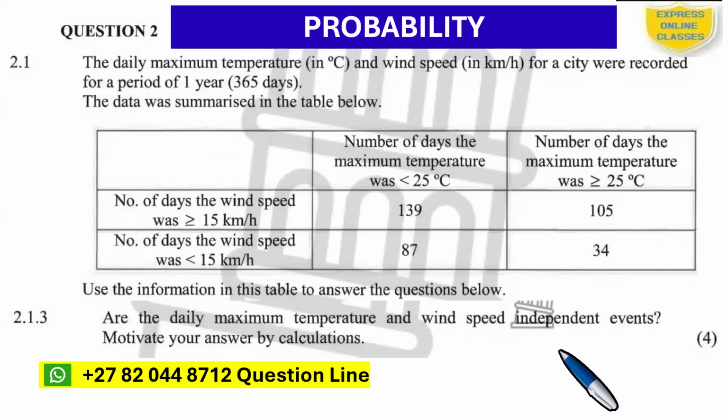Let's discuss together. Obviously, each time you must be given a chance to try the questions because it's the way to learn. In 2.3, you must first determine the probability of wind speed that is greater or equal to 15 kilometers per hour.